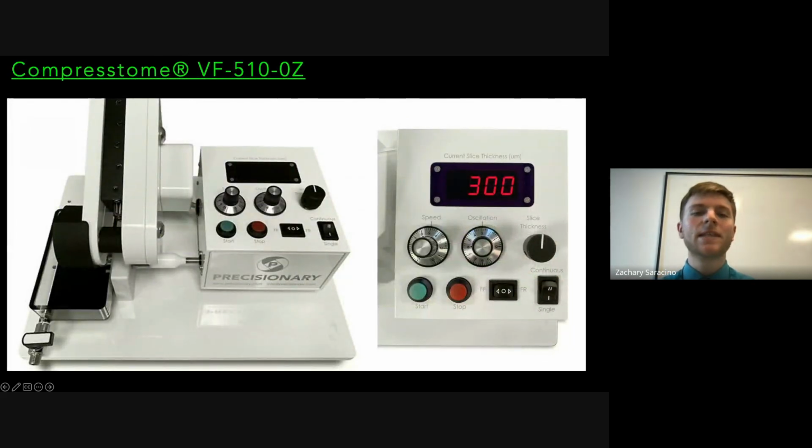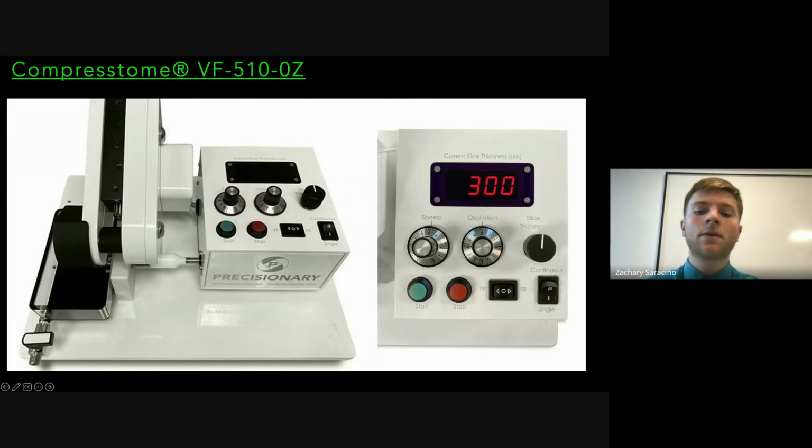And so I want to preface this by saying that this ex vivo portion would not be possible without this. And this is the Precisionary's Compresstome, and our specific model is the VF-510-0Z. There are a few key features that I would like to mention with this instrument.